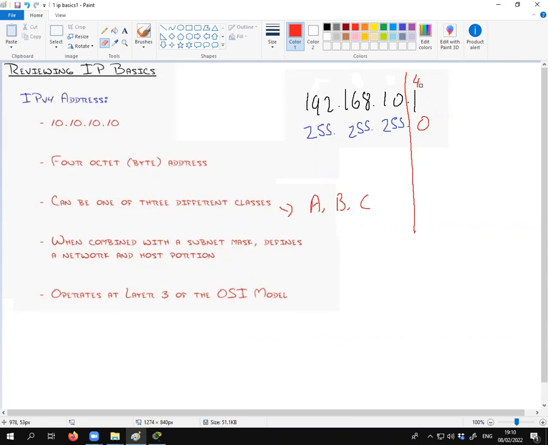You could say this is a PC, and this PC lives in the 192.168.10 network. The 255 is the network part, the 0 is the host. You can say this is host number 1 in the 192.168.10 network. Does that make sense?